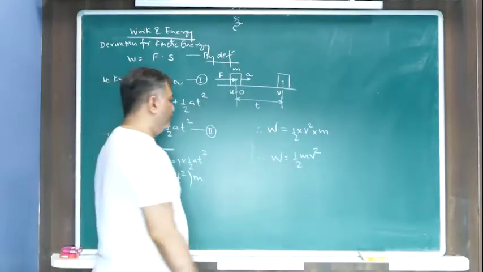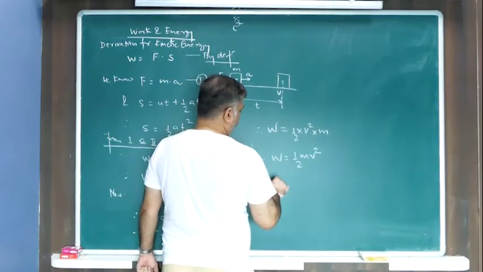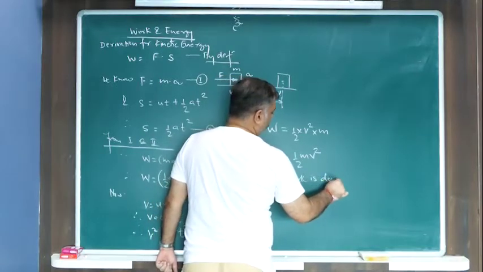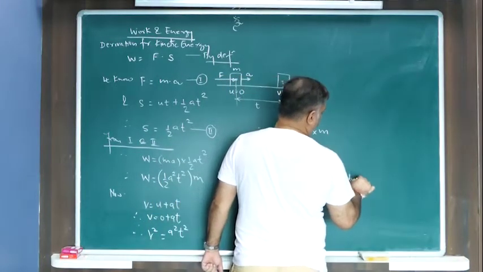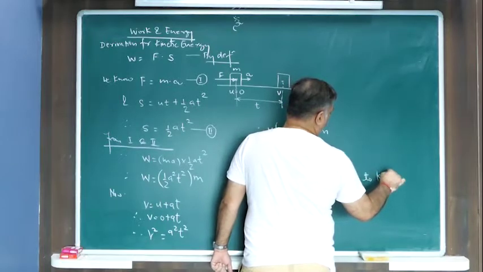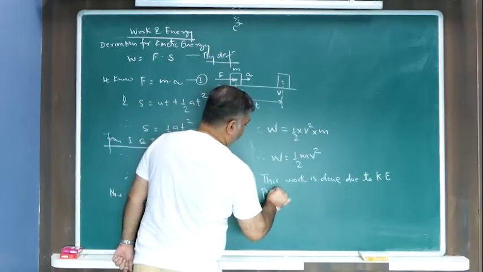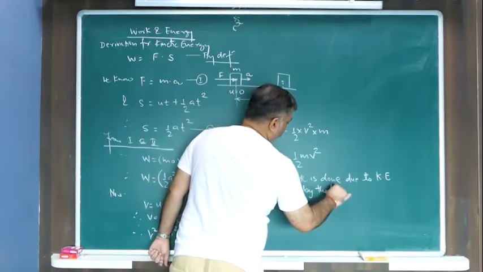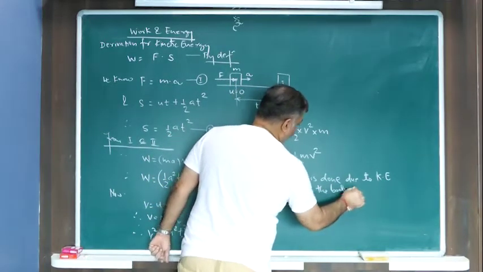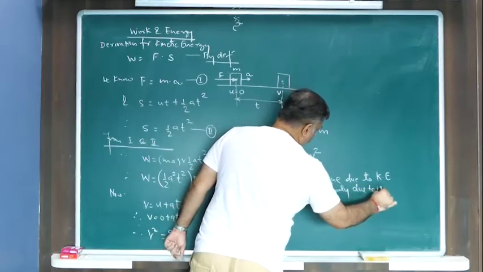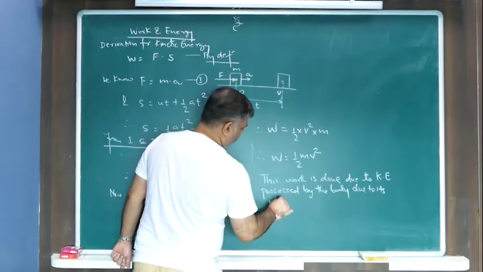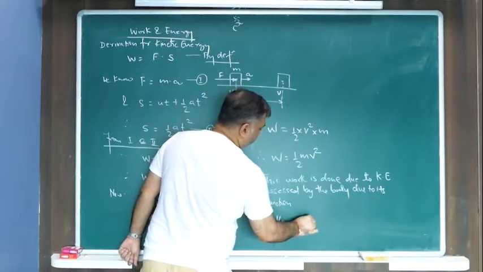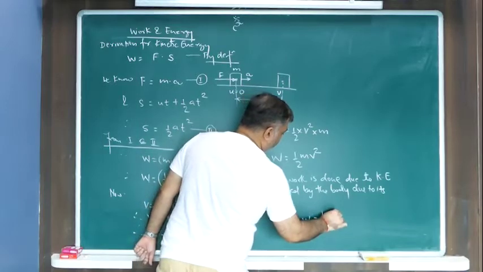And therefore we will say this work is done due to kinetic energy possessed by the body, due to its motion, right? Hence you can say W is equal to the kinetic energy.